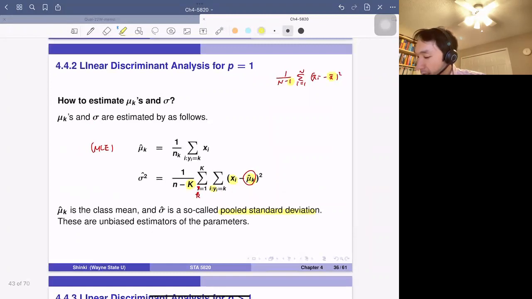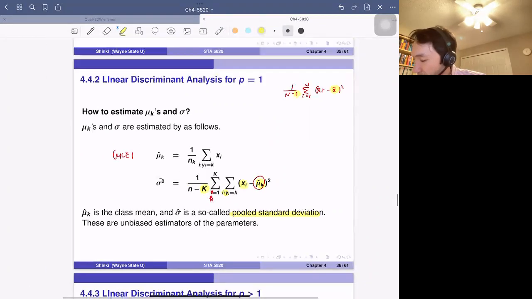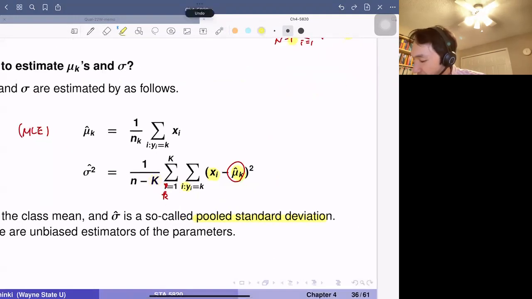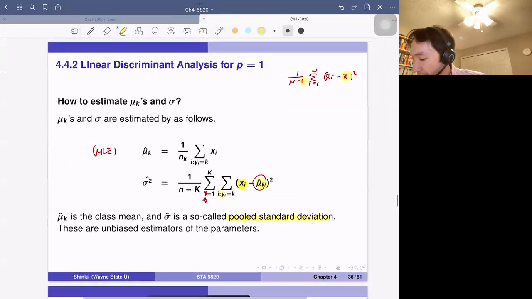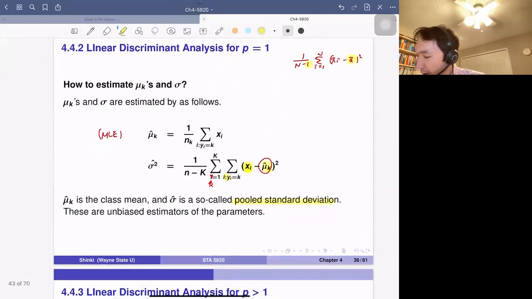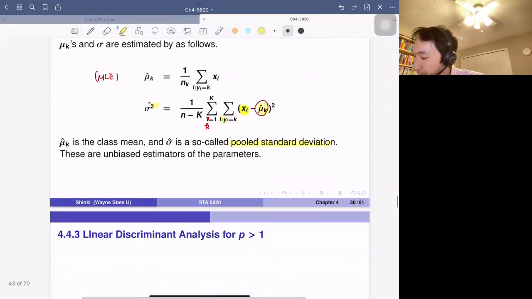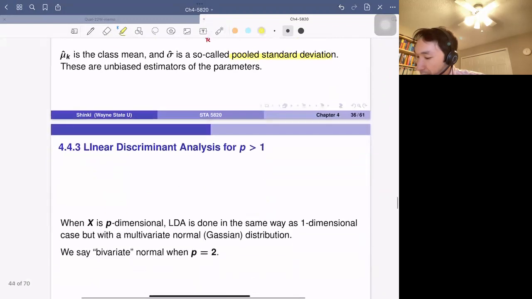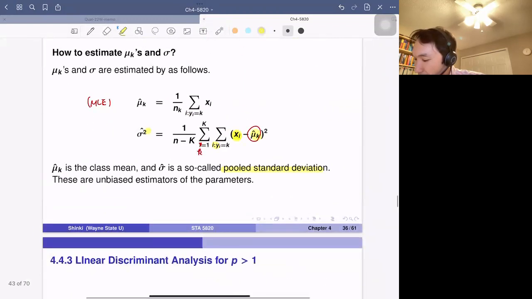So sigma hat is estimated by all deviations. For all classes k, we subtract mu hat k from x_i, take the square, then take the average. That is the estimated sigma square, the pooled variance. And these are so-called unbiased estimators of the parameters.